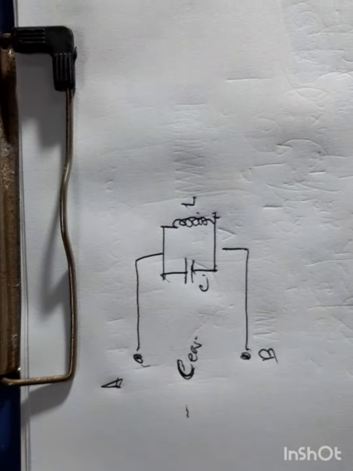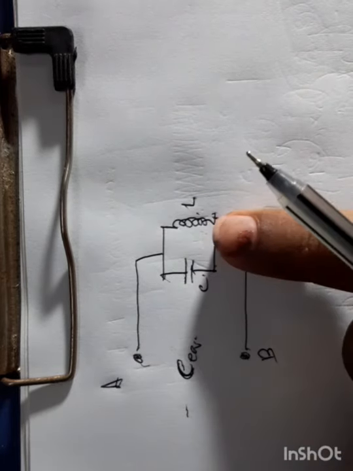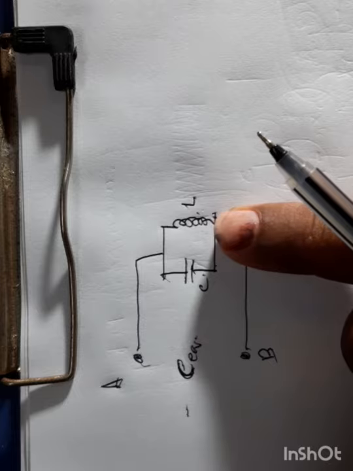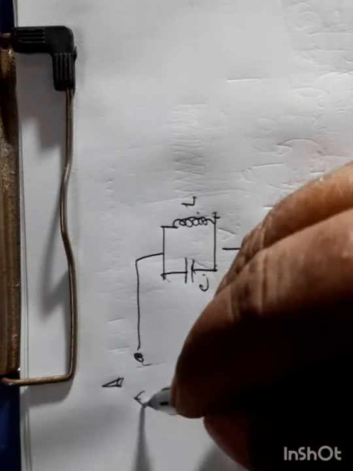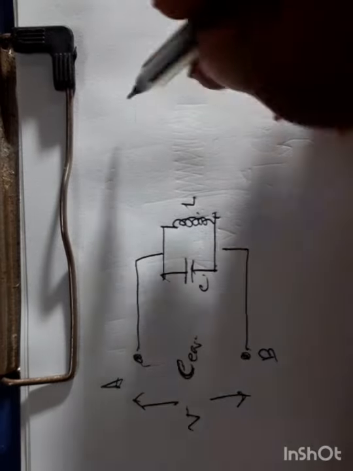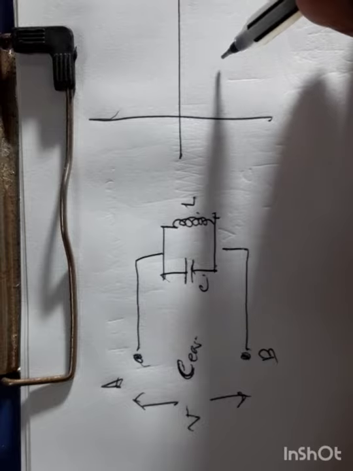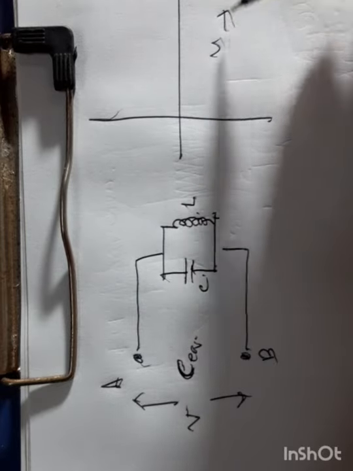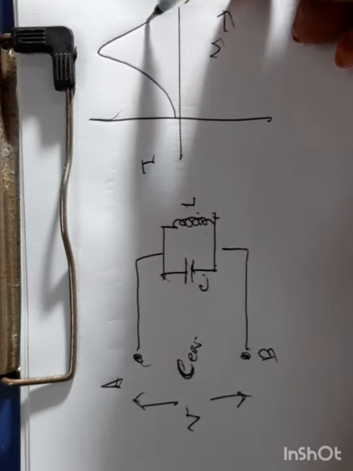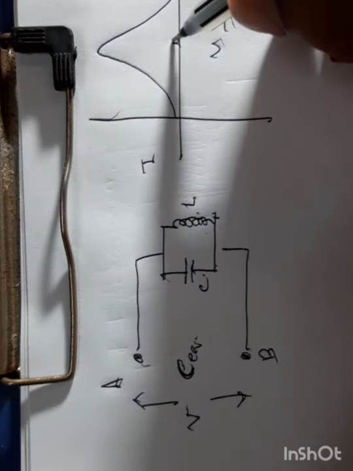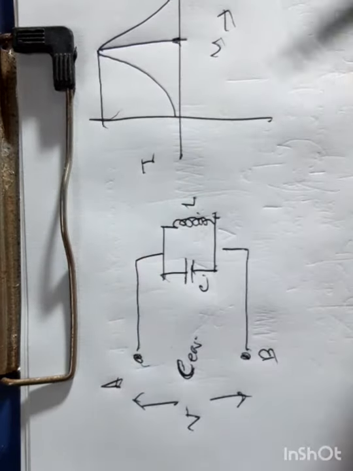In the tank circuit, if a voltage is applied, the current produced in the tank circuit is maximum only for a particular frequency. If V is the applied voltage and current flows in the tank circuit, if you plot a graph of voltage against current, this increases and again decreases. For a particular value only, the current in the circuit is maximum.